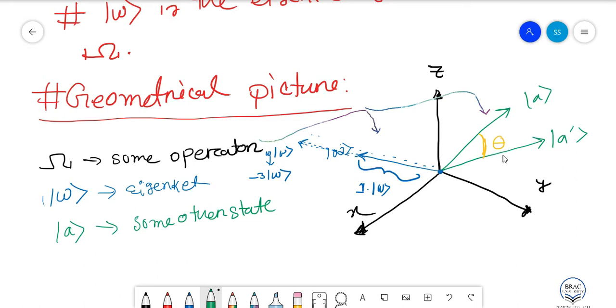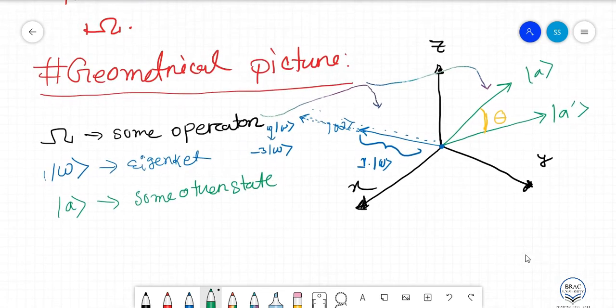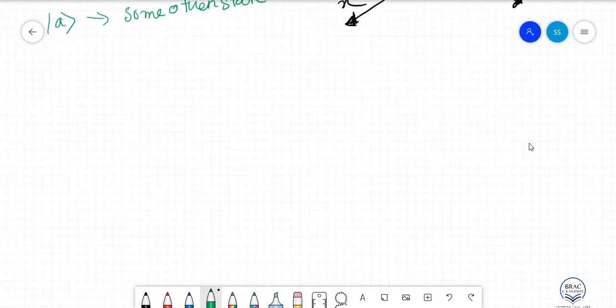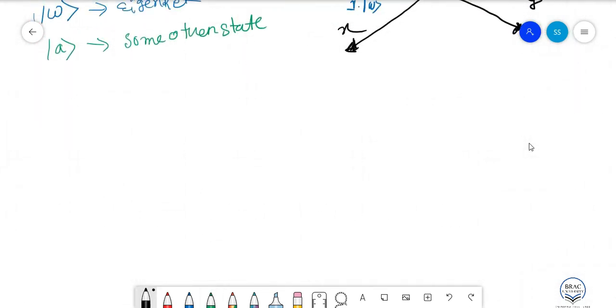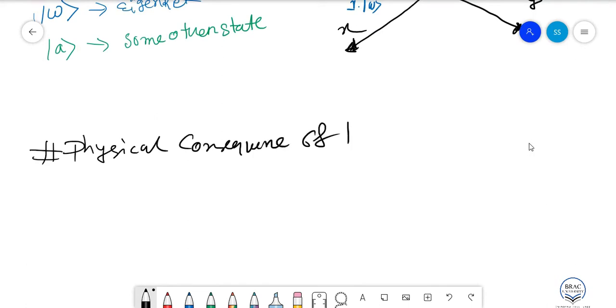And yes, the eigenvalues and the eigenvectors, both of them will come from the operator itself. And finally, since this is the geometrical picture I have just discussed, let me give you a physical motivation, or so to say physical consequence, of the eigenvalue equation.